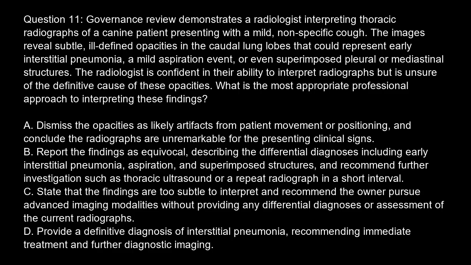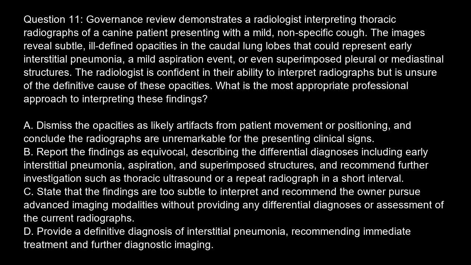Option A. Dismiss the opacities as likely artifacts from patient movement or positioning, and conclude the radiographs are unremarkable for the presenting clinical signs. Option B. Report the findings as equivocal, describing the differential diagnoses including early interstitial pneumonia, aspiration, and superimposed structures, and recommend further investigation such as thoracic ultrasound or a repeat radiograph in a short interval.